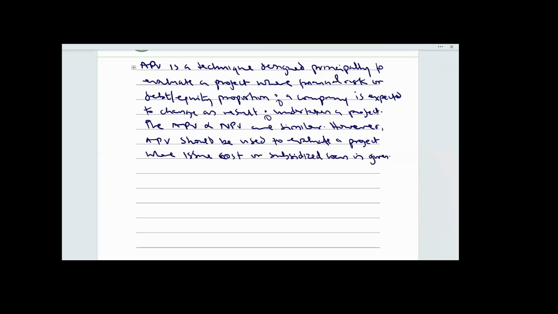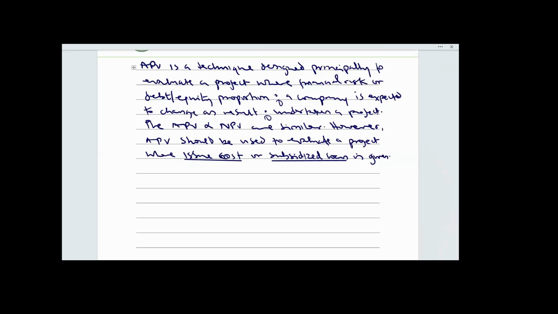Now, why am I saying this? As far as NPV is concerned, NPV does not concern itself with issue cost or subsidized loan. NPV is less concerned with whether you have subsidized loan or issue cost.